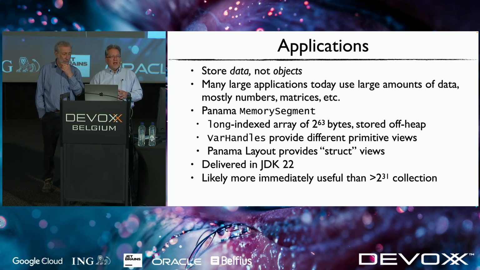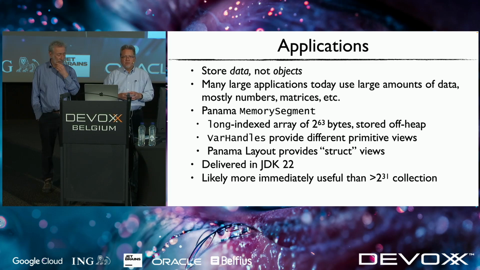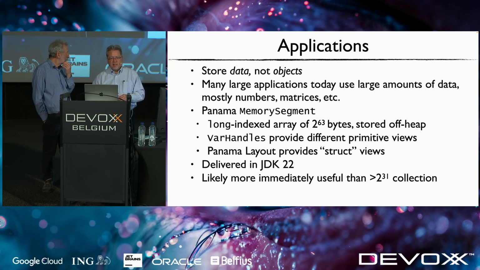And so the Panama project, which delivered into a fairly recent JDK release, introduces this concept of a memory segment, which is essentially an array that is indexed by long, so you can get up to 2 to the 63 elements, basically an array of bytes, and it's stored off heap.